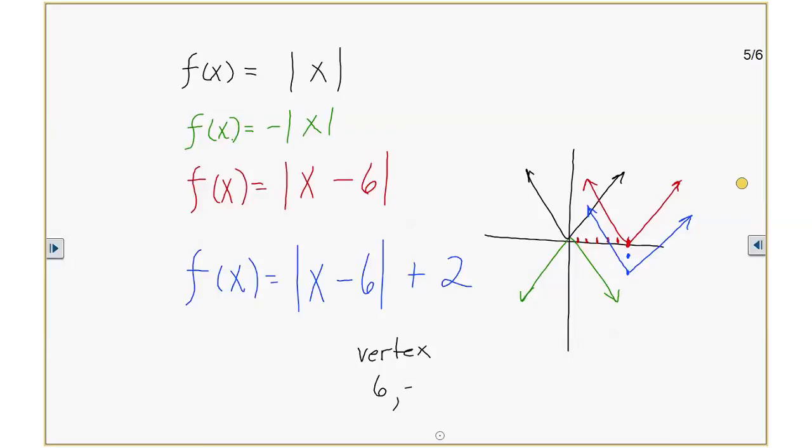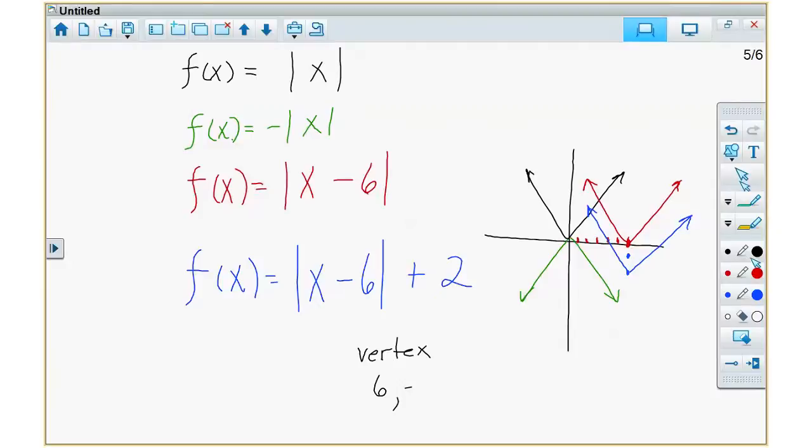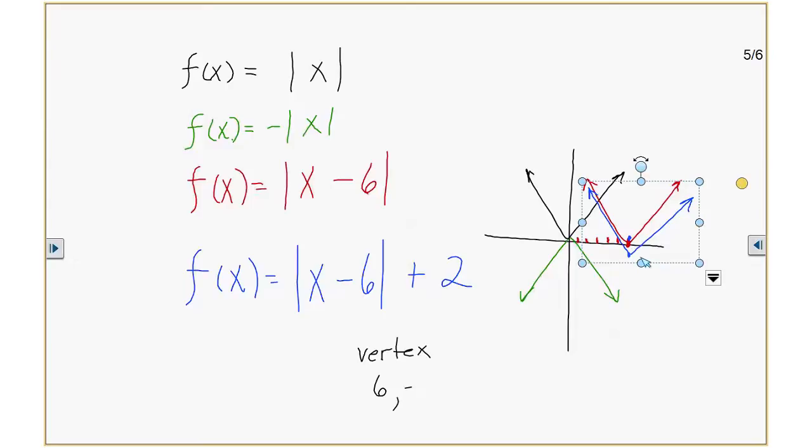Oops, it's supposed to be up. I'm sorry. 2. And the blue one's supposed to be up. I guarantee it won't let me do that. I don't believe it. It's a miracle. 6, 2. There. Just don't look at that dot.